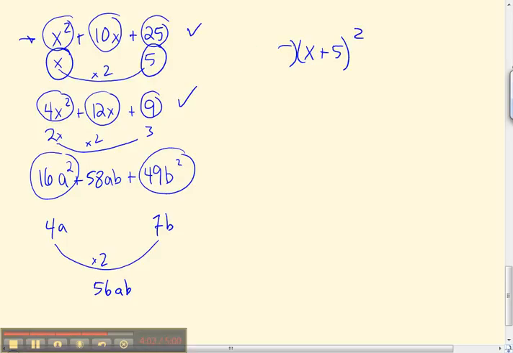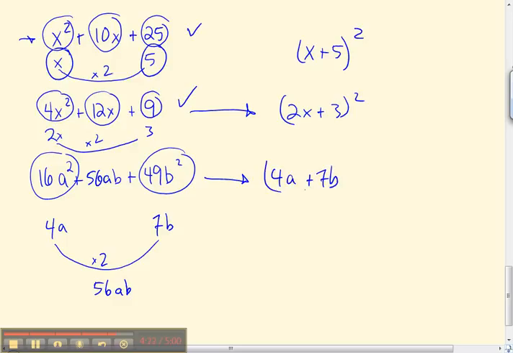Like that. This one here would be 2x plus 3 squared. This one here, if it was 56 that was here, I could just go, well, it's 4a plus 7b squared. Done. And so it's factorable like that.